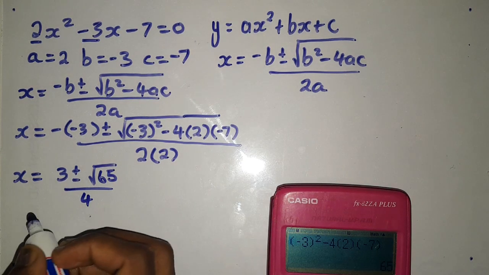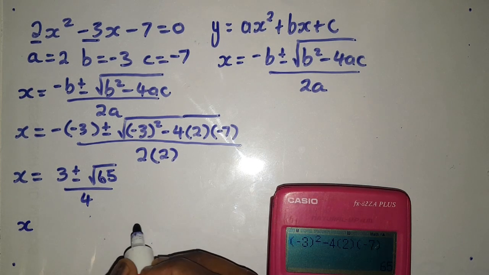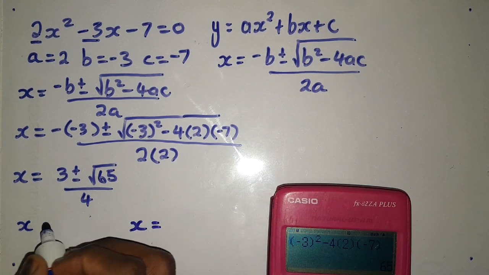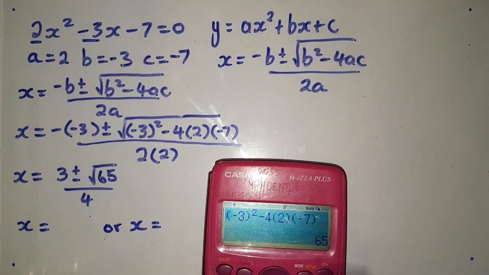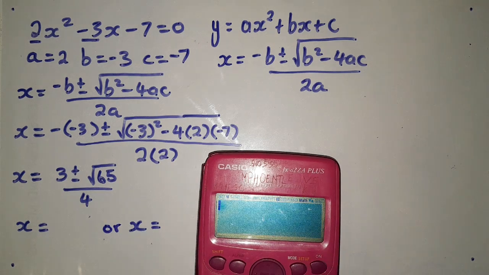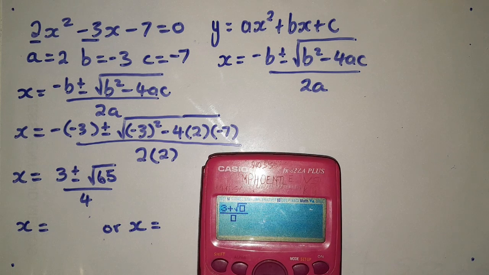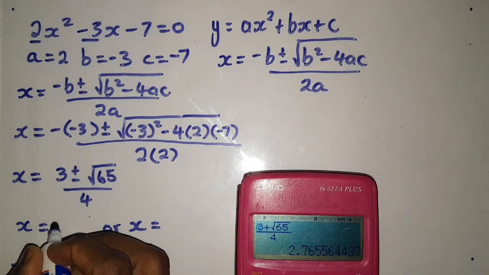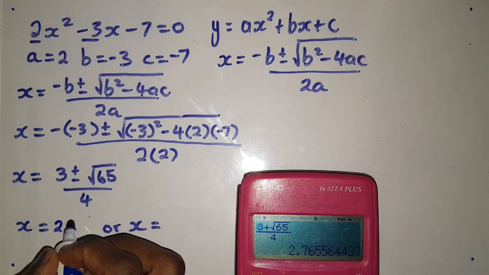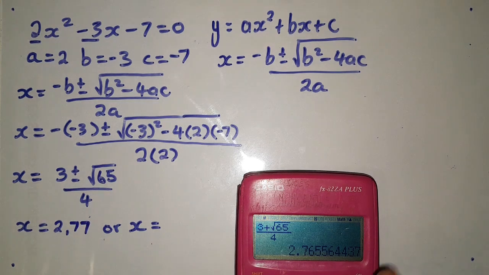At this point, we can use a calculator straight up in order for us to find the values of x. Firstly, we are going to consider the situation of plus. 3 plus the square root of 65, divided by 4. Let me round my answer to 2 decimals, we get 2.77.